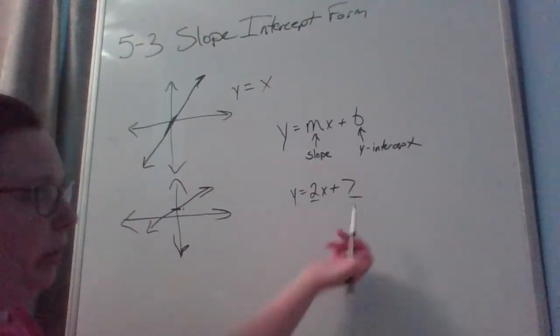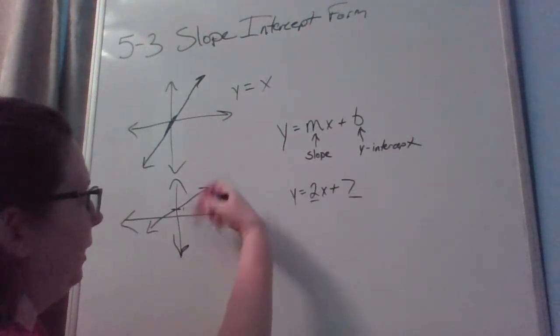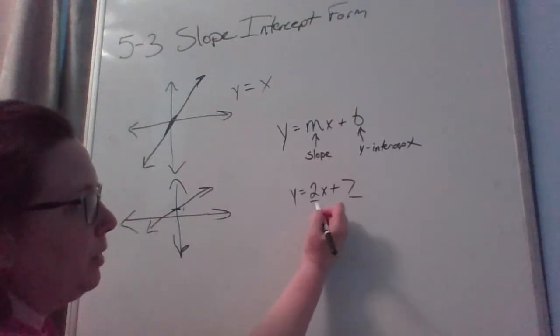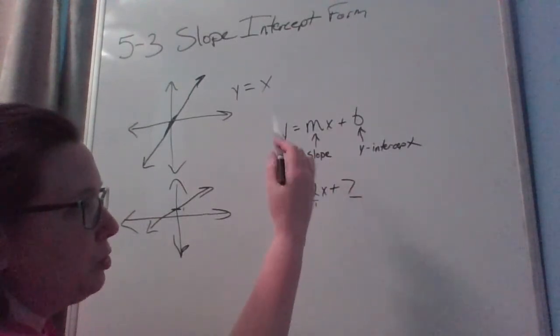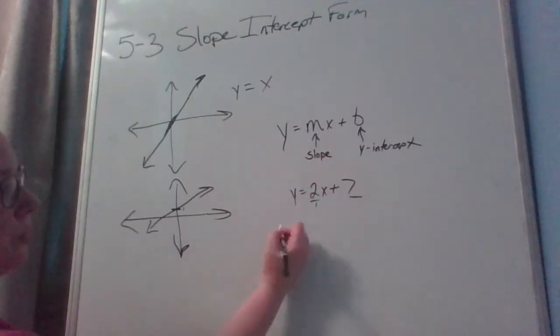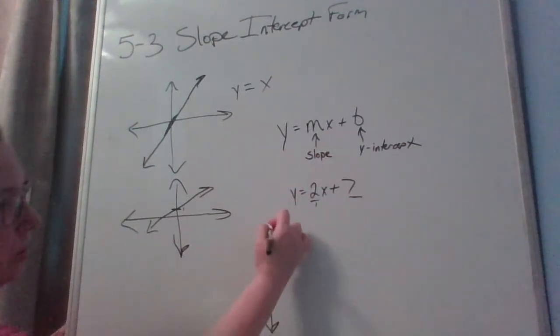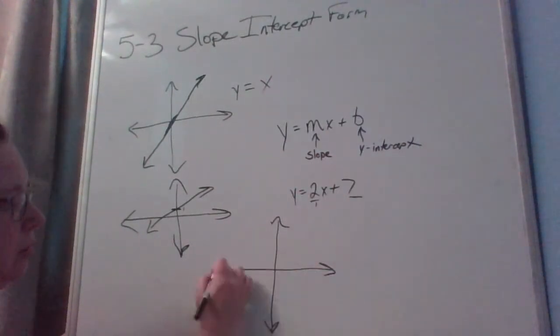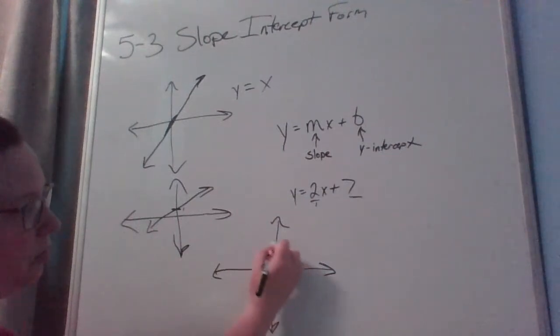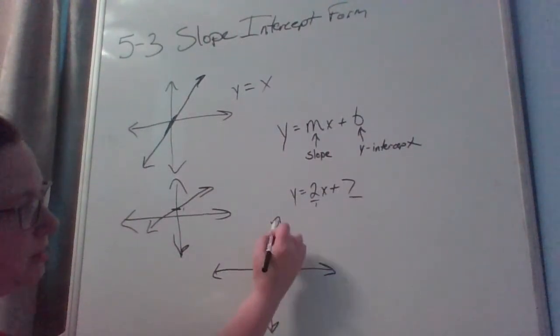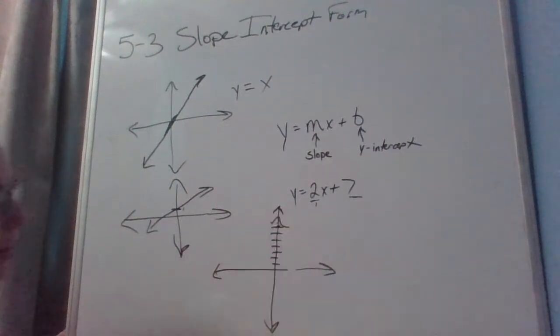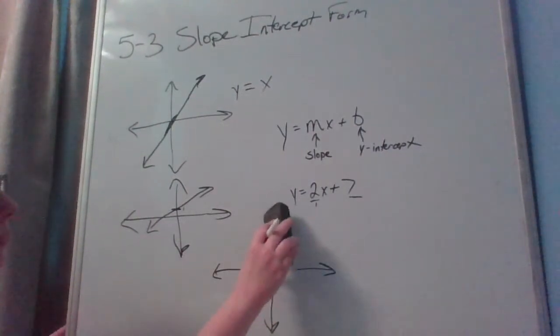It's that simple. We go to 7 on our y-axis. If our slope is 2, we think of that as 2 over 1. So we would go up 2 to the right 1. So we would, again, go to 7 on our y-axis. And here I need my axis to be a little bit longer.